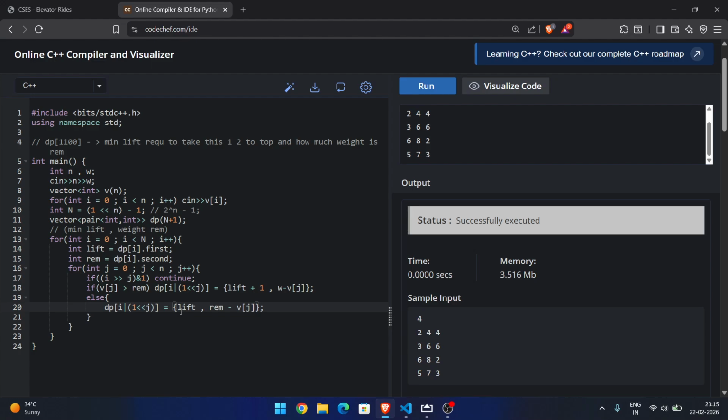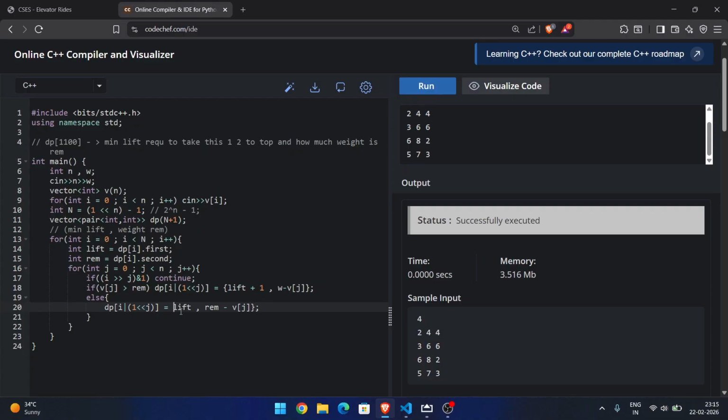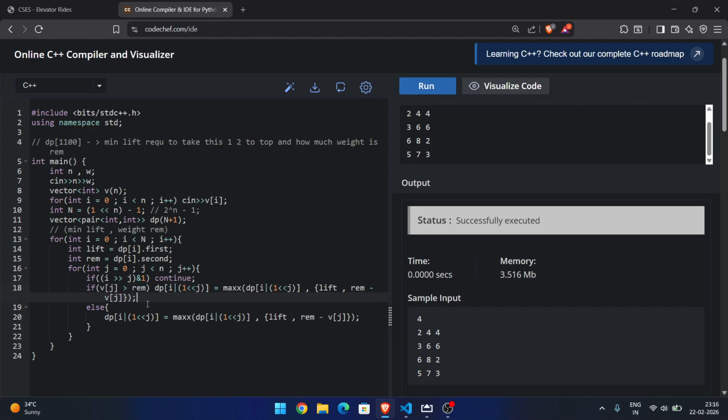Okay, here we would make a new operation for, let's say, how we have to find the max.